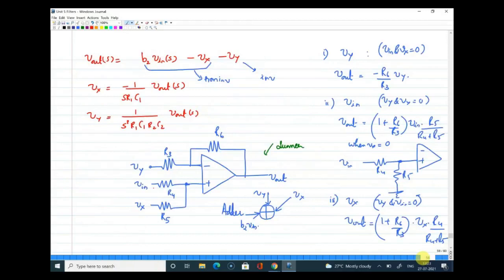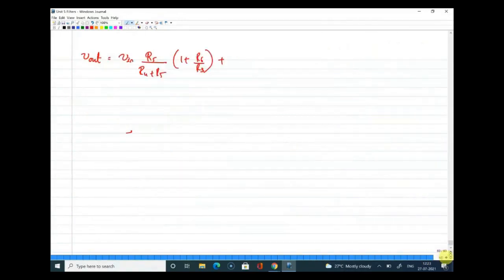What is the relation? The relation between Vx and V out. So in place of Vx, I will write it as minus 1 by S R1 C1 into the rest of the thing.